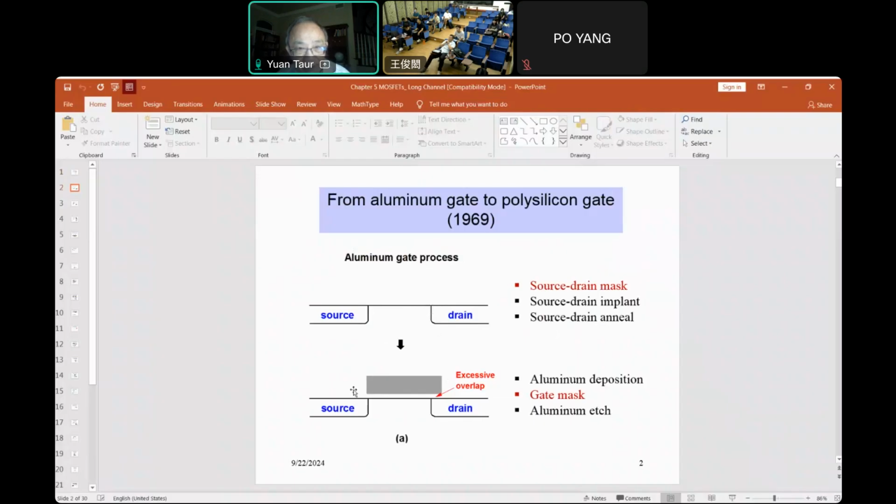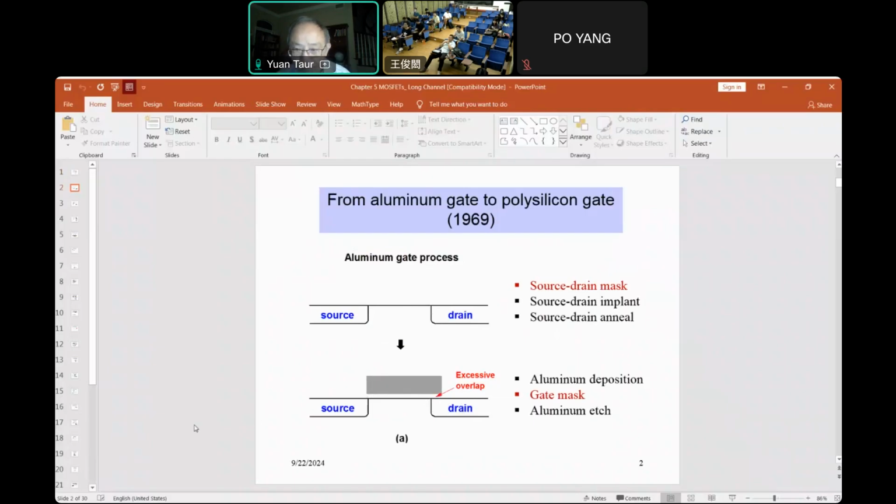So it has to overlap; the minimum has to be zero overlap. In other words, in the worst case, you can have an excessive overlap. And we will cover in chapter 8 that the overlap capacitance can degrade the CMOS switching performance very significantly, so this has to be minimized.